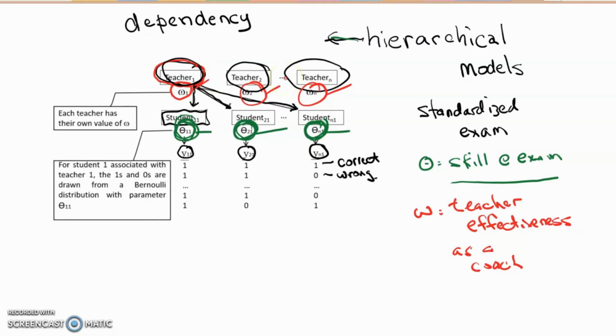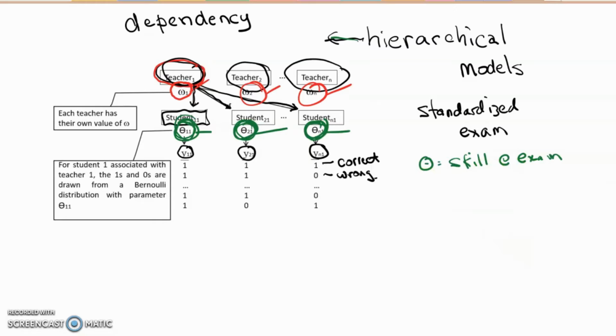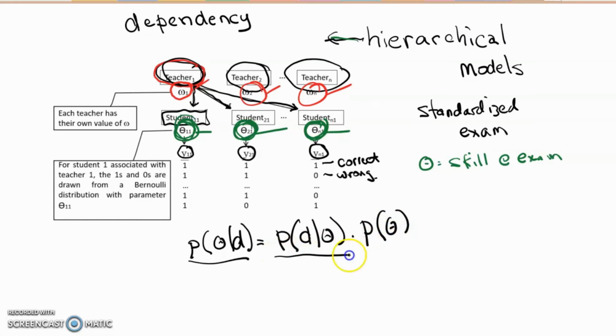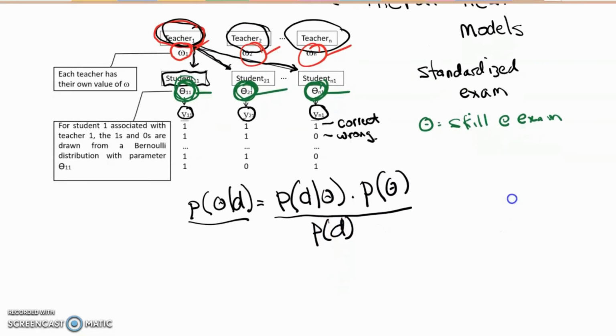Okay, so now let's do just a little bit of basic algebra. And let's begin by thinking about Bayes' theorem that says the probability of theta given data, the posterior probability, is equal to the likelihood, the probability of data given theta, times the prior, the probability of theta, divided by the marginal probability of the data. We've seen that many times. And now I'm going to make a couple of changes.